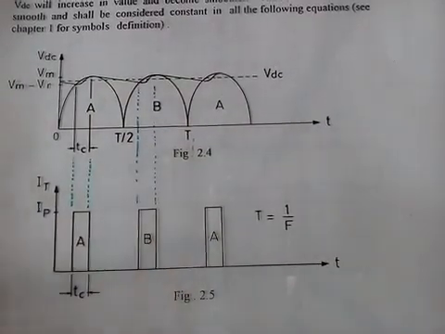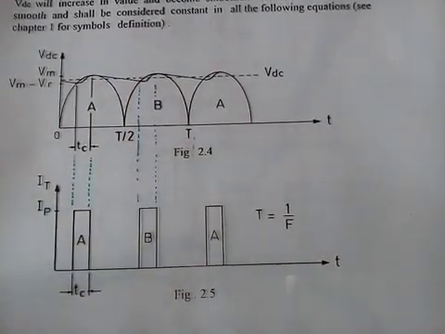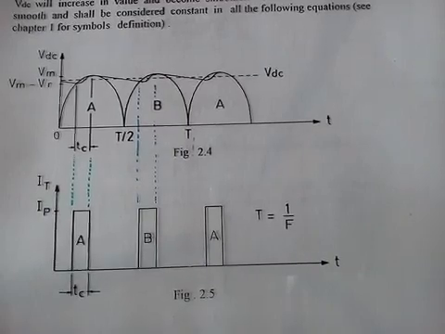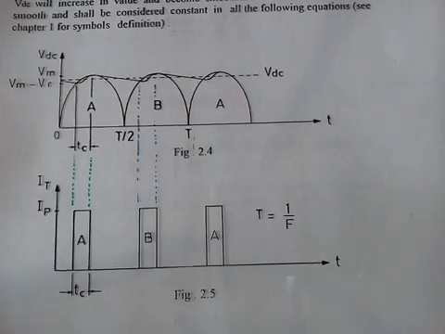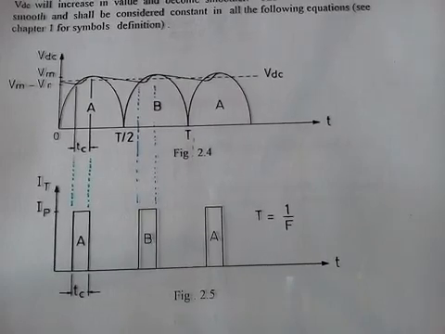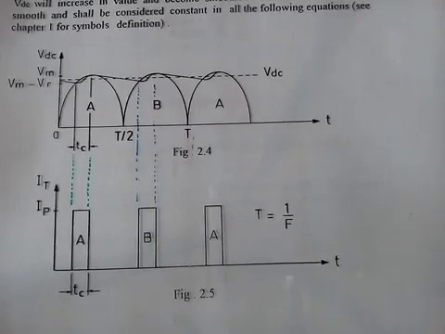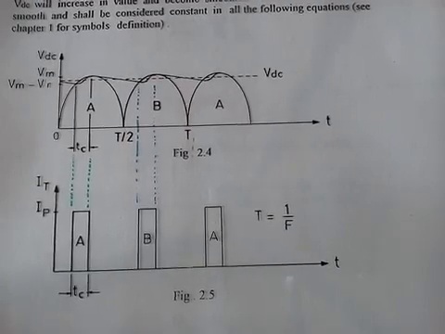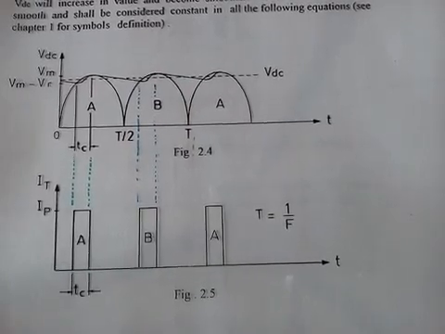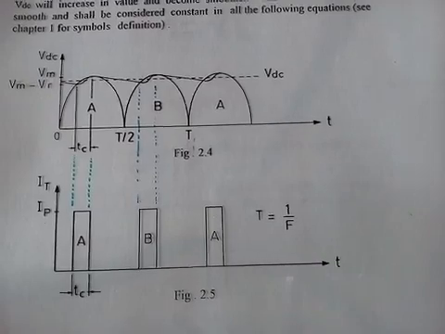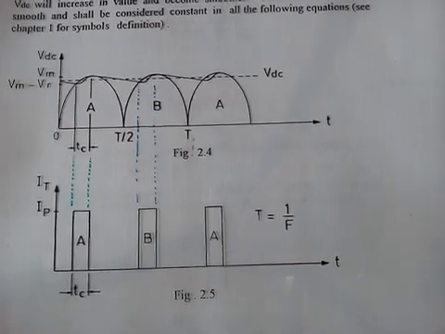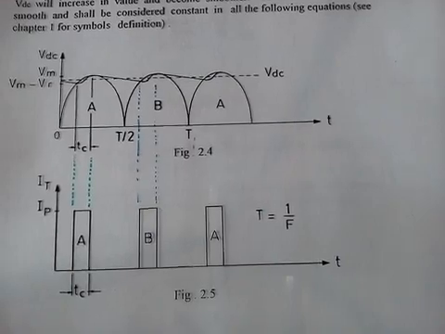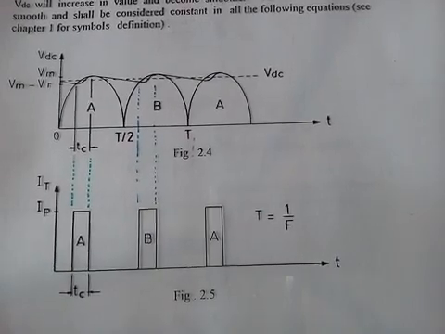In here, using a capacitor in conjunction with full wave rectification does not stress the transformer current as much as half wave rectification. Of course, the VDC will increase in value and become smoother, and the IDC will also become smooth and shall be considered constant in all the following equations.